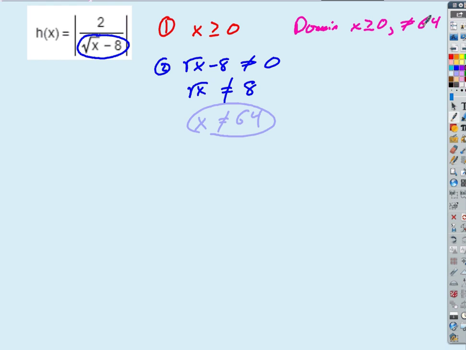Now, what else happens with absolute value functions? So where is this thing going to be discontinuous then? 64. Okay, it's going to be discontinuous at 64, and it's going to have continuity from the right at 0.